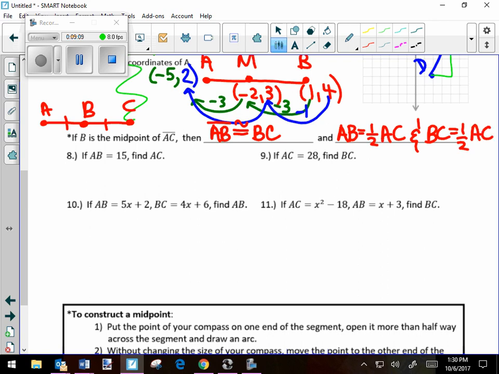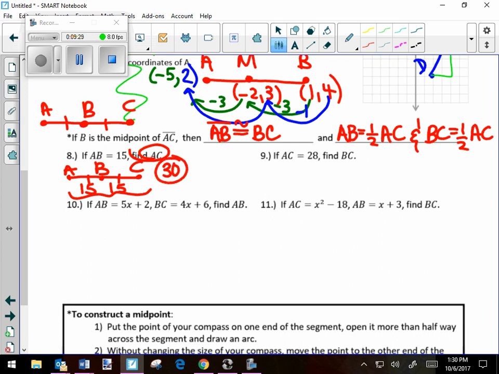So we can do half measurements. So for question number 8, they're telling us, same picture, that AB is 15. They want to know how big the whole thing is. If one part's 15, so is the other. 15 plus 15 gives me 30 for the whole entire segment.